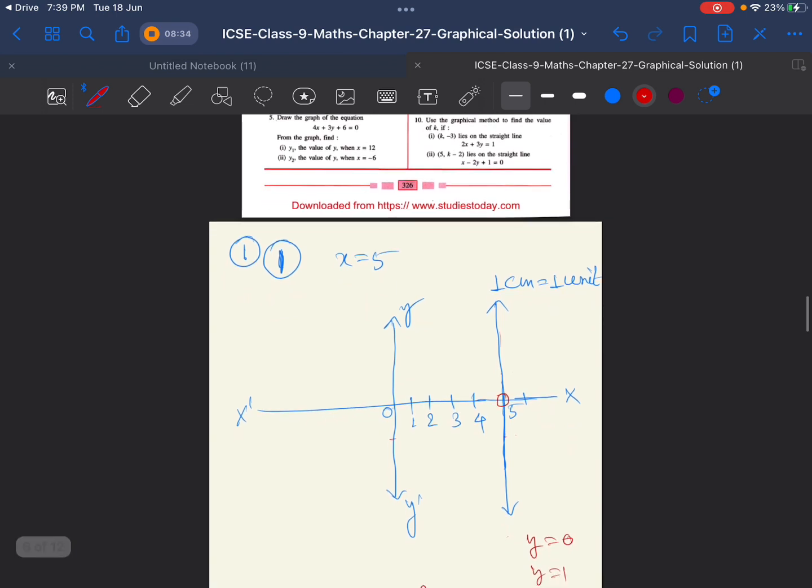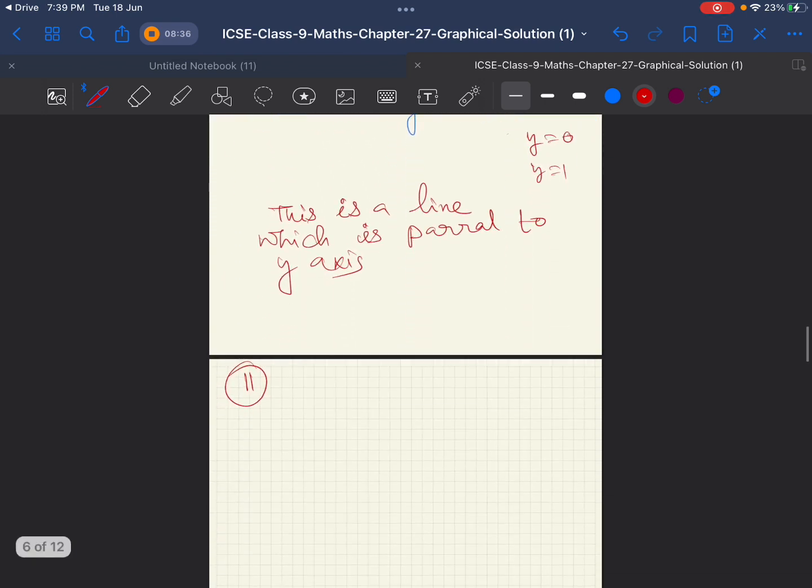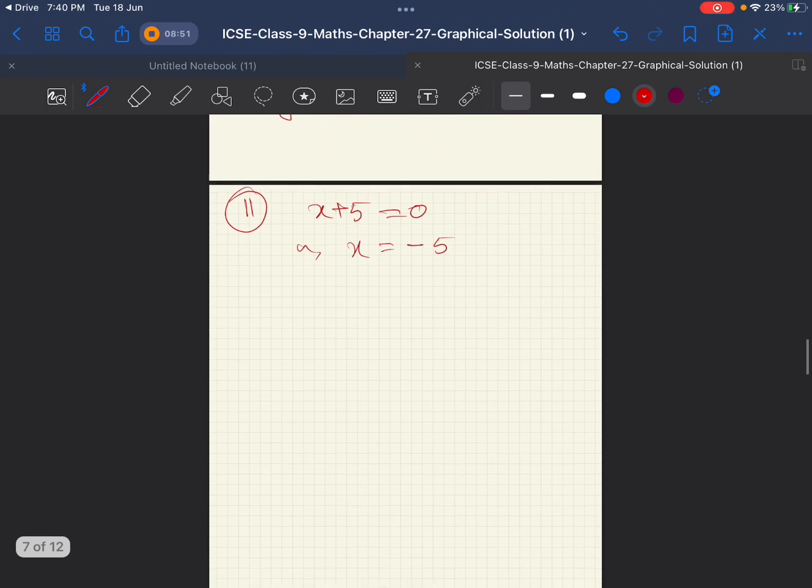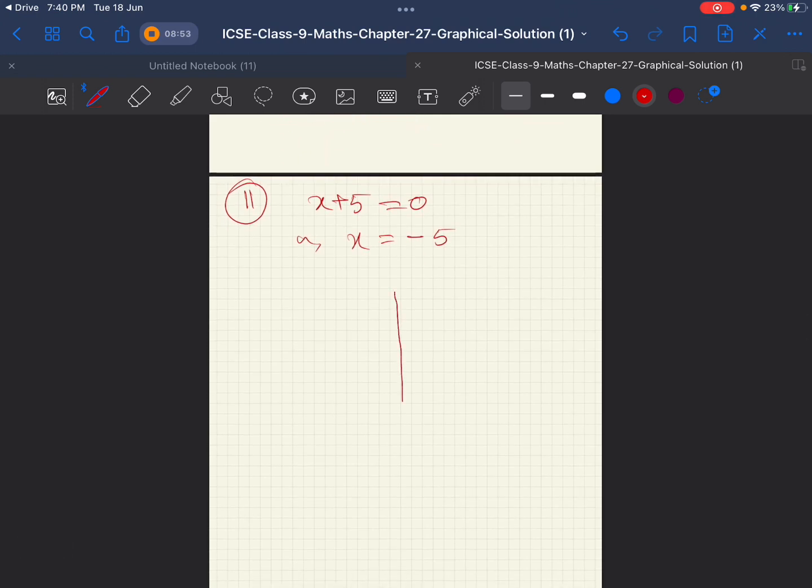Second question, x plus 5 equals to 0. X plus 5 equals to 0, or we can write x equals to -5. Now we plot this line in the graph.